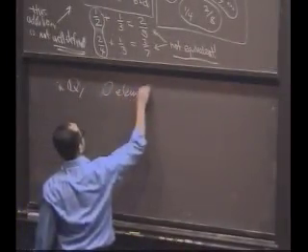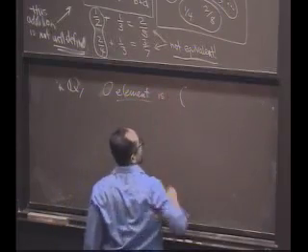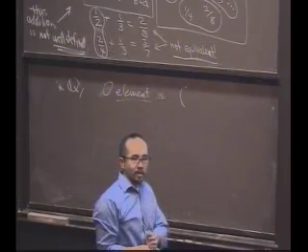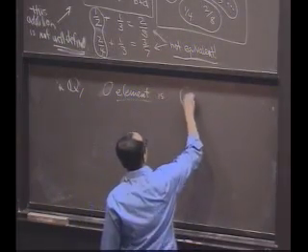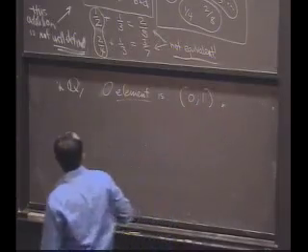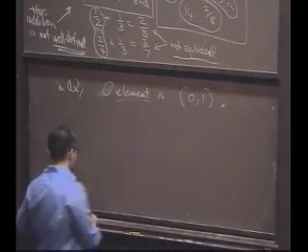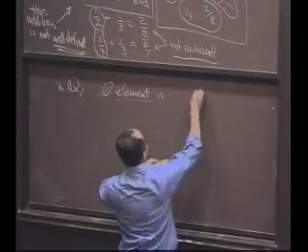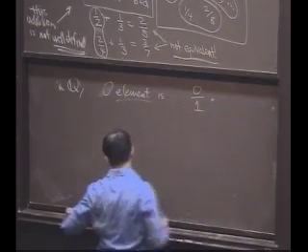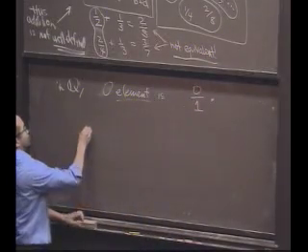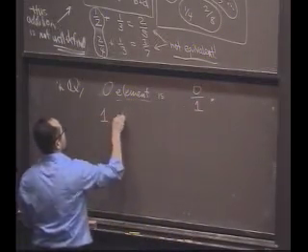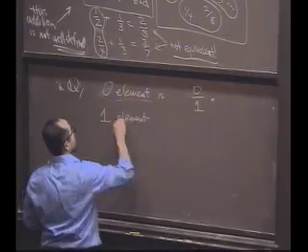So the 0 element is what? What behaves like 0? What ordered pair behaves like 0? 0, 1. Very good. The class of 0, 1. Actually, yeah, it's not just this. It's the class 0, 1. Okay? Which consists of a bunch of representatives. The multiplicative identity is what?